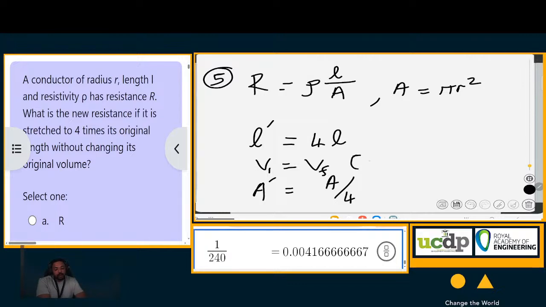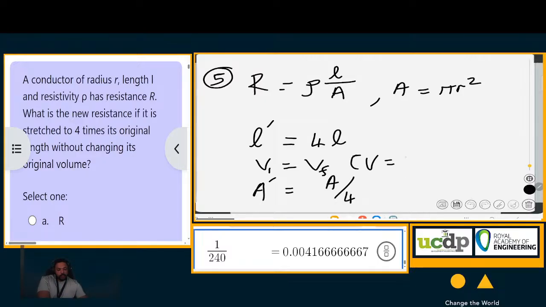We know that volume is area times length. This is the fundamental formula for volume. It's just the area of the base multiplied by the length. Now, if the length is 4 times longer, in order for the volume to be the same, the area must be 4 times smaller. Okay?